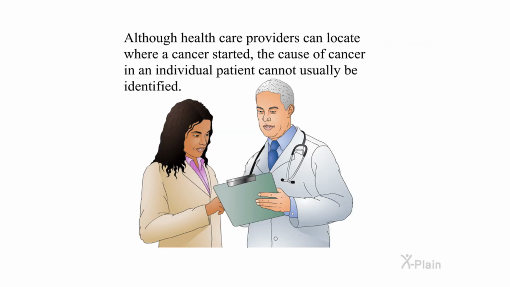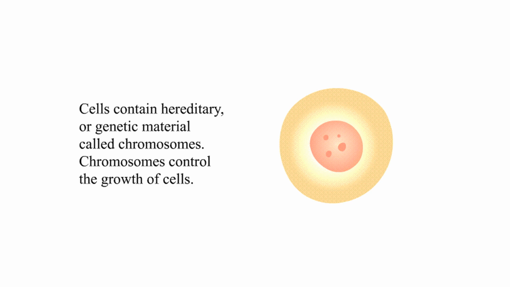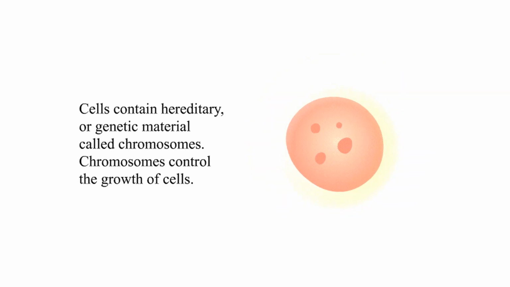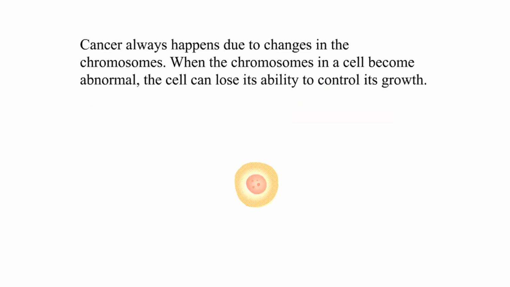Although healthcare providers can locate where a cancer started, the cause of cancer in an individual patient cannot usually be identified. Cells contain hereditary or genetic material called chromosomes. Chromosomes control the growth of cells. Cancer always happens due to changes in the chromosomes.